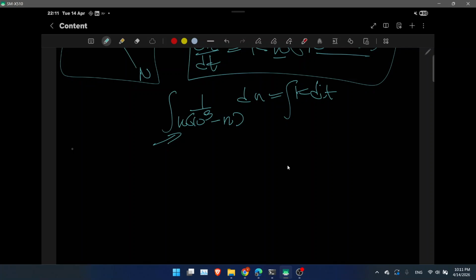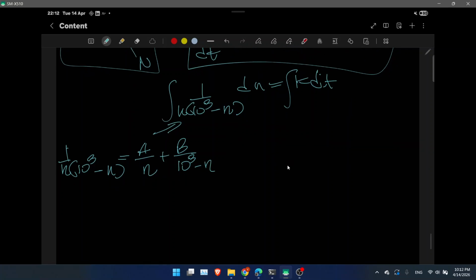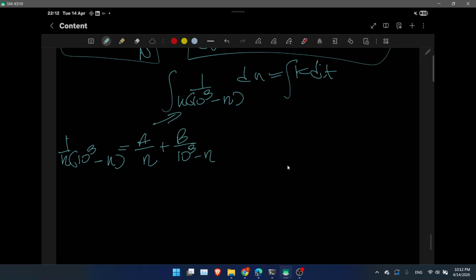We can write 1 over n times (1000 minus n) as some constant a over n plus some constant b over (10 to the power 3 minus n). So we're going to find a and b. So 1 is equal to a(10^3 minus n) plus bn.